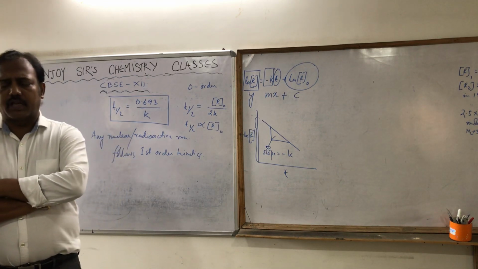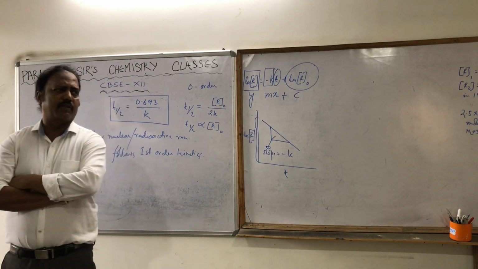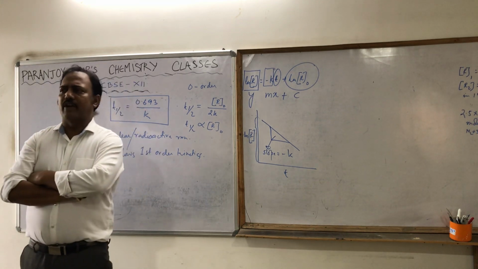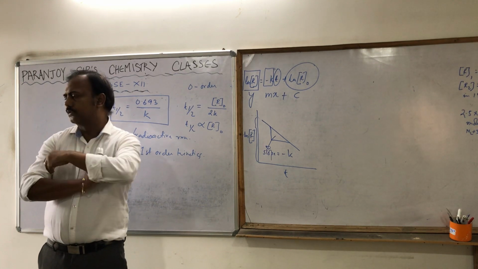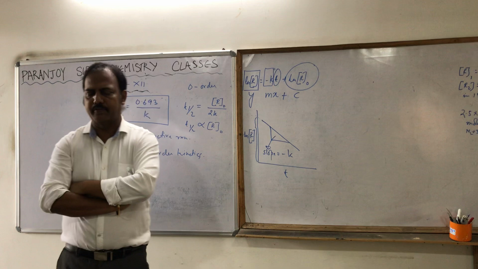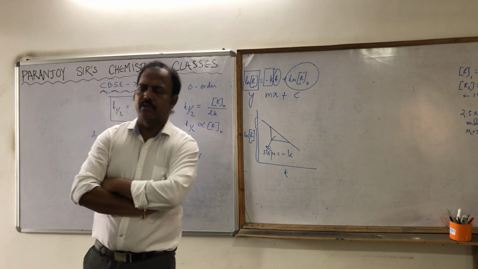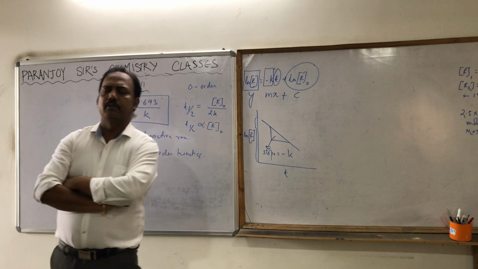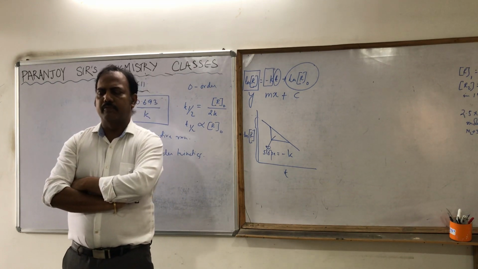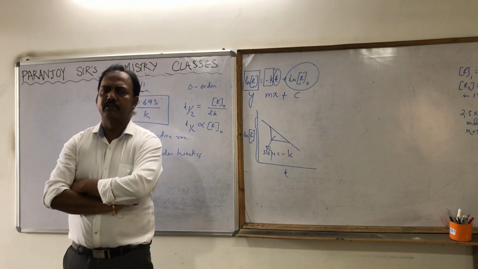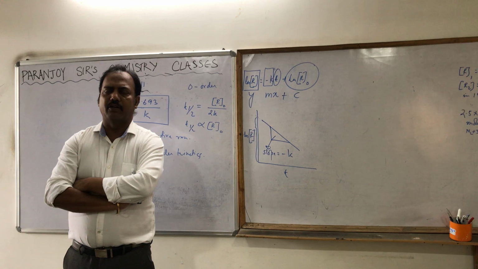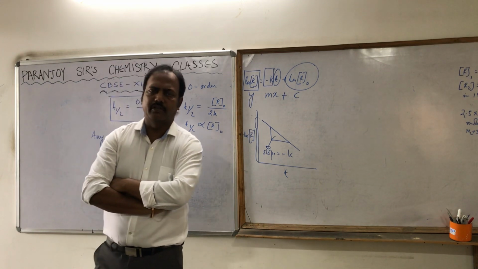If a first order reaction is 25% completed in 20 minutes, what will be the time required for the completion of 60% of it?